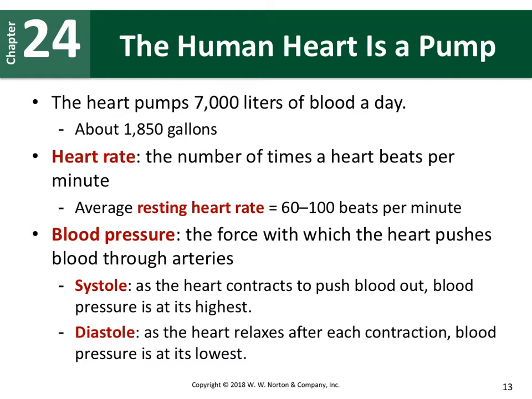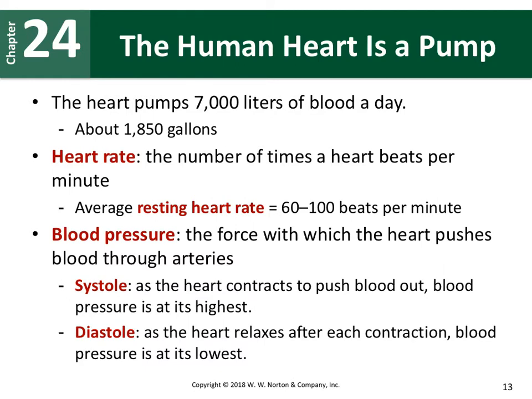Blood pressure is the force with which the heart pushes blood through the arteries. When the heart contracts to push blood out, blood pressure is at its highest, and that's called systole. Then, as the heart relaxes after each contraction, blood pressure is at its lowest.